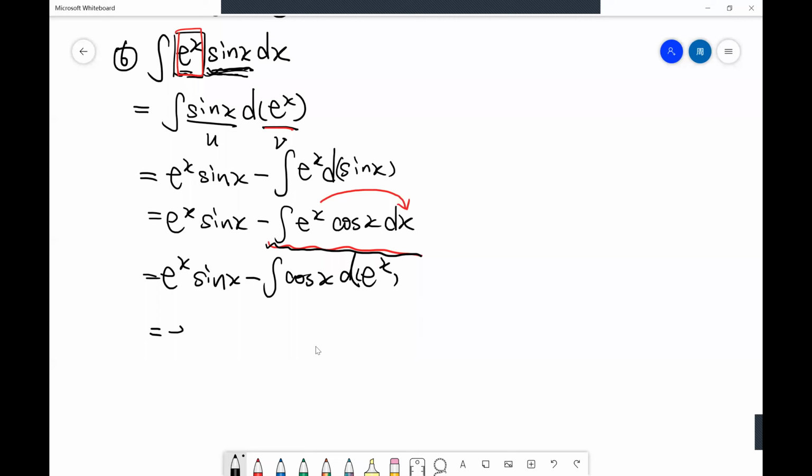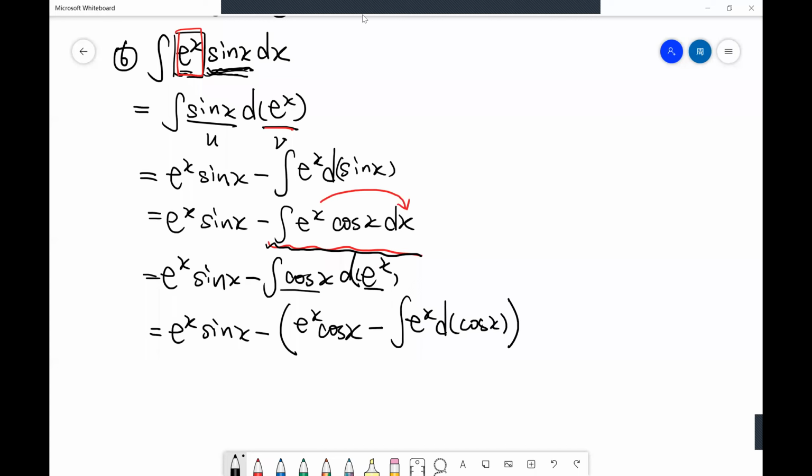So that equals e^x sin x minus e^x cos x minus, we change the places of these two, that is e^x d cos x here, right? And then that equals e^x sin x minus e^x cos x plus, right?